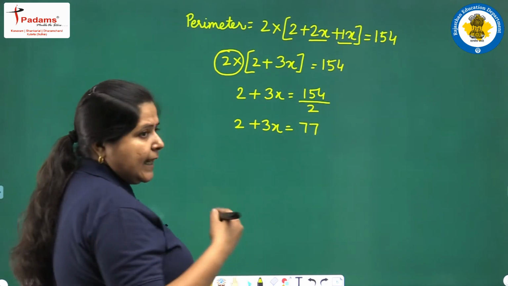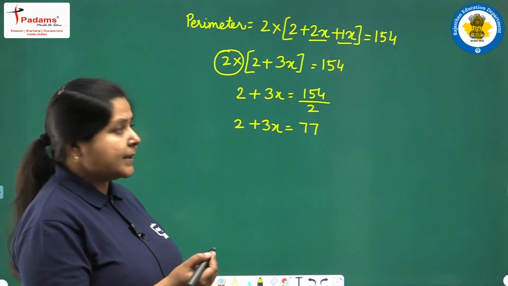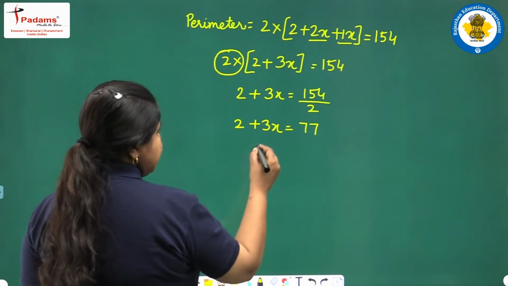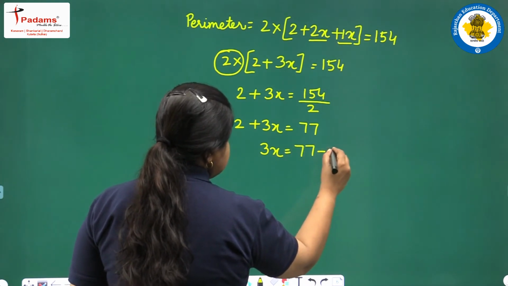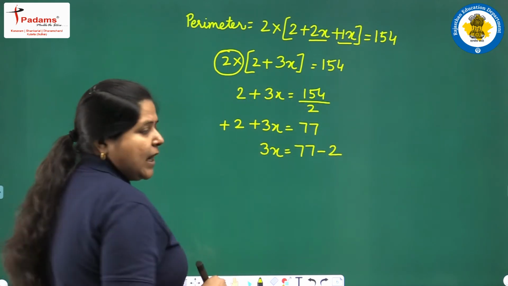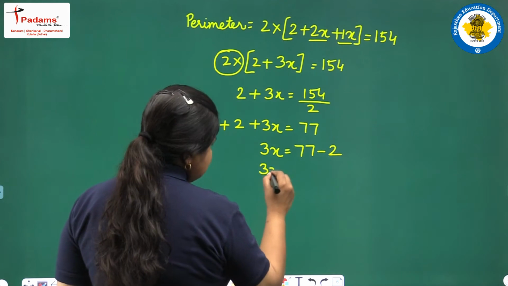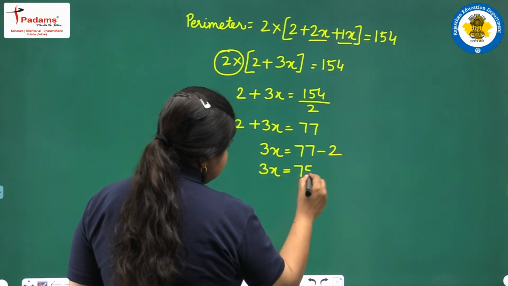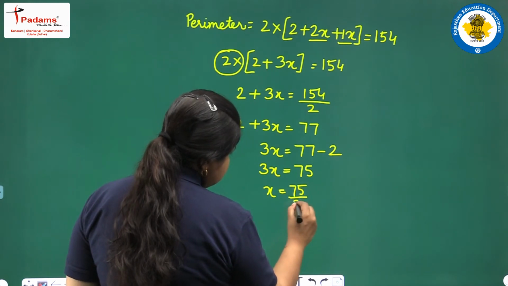You can divide either in your mind directly or you may divide it in the rough part. This will give us 77. 3x equal to 77 minus 2. 2 is in plus here. On going to the RHS, it will get minus 2. Now, 3x equal to 75 and x equal to 75 upon 3.